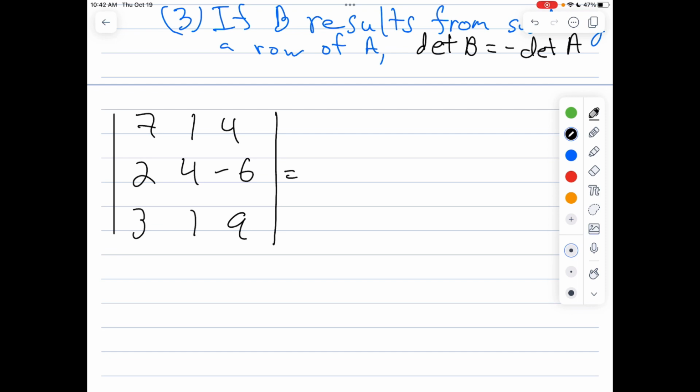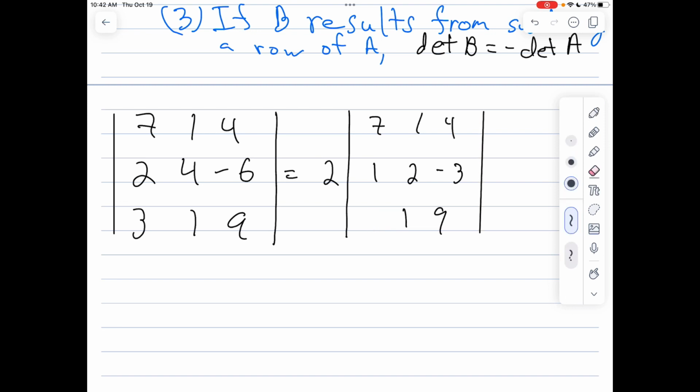So I can factor a 2 out of that row, and what that does is make the determinant a multiple of 2 of the original. So that's how this rule works out.